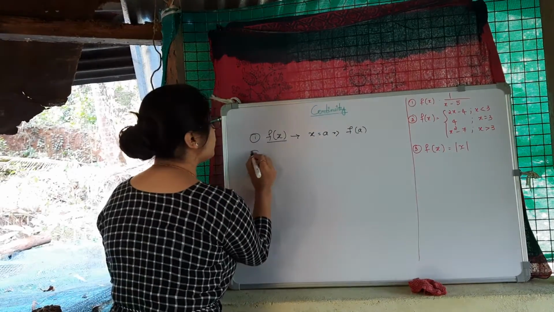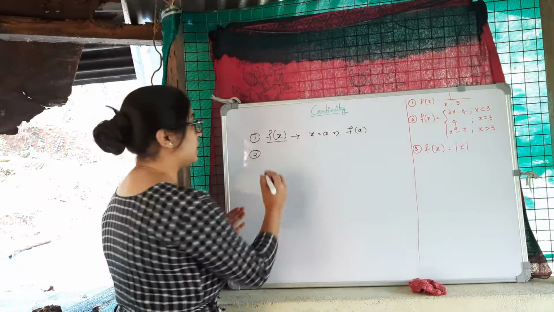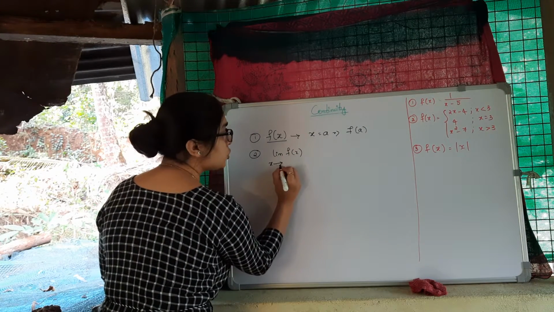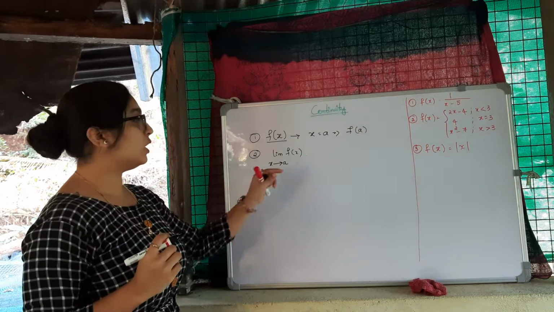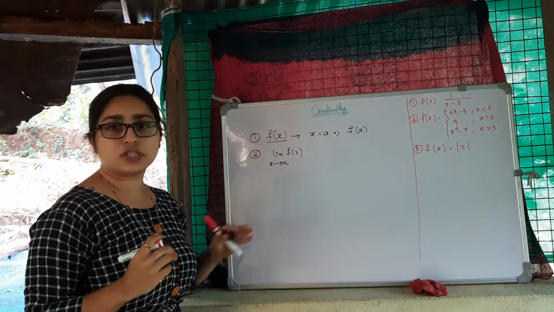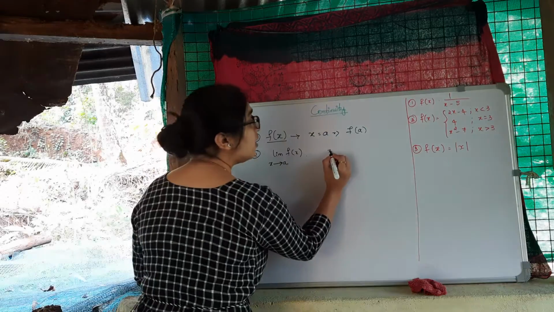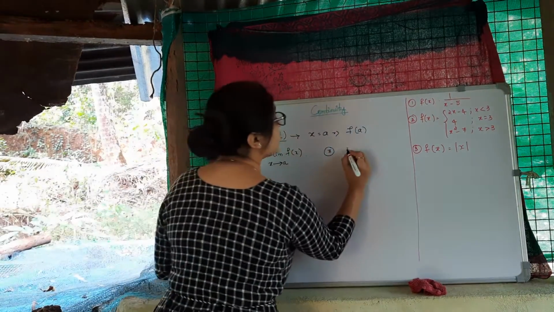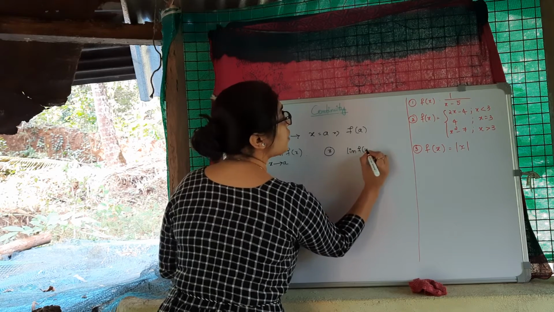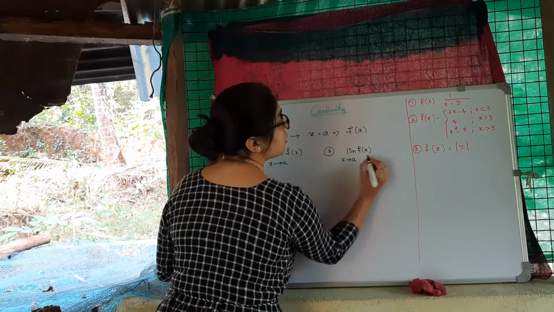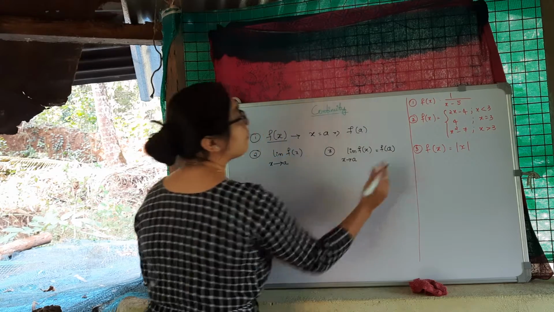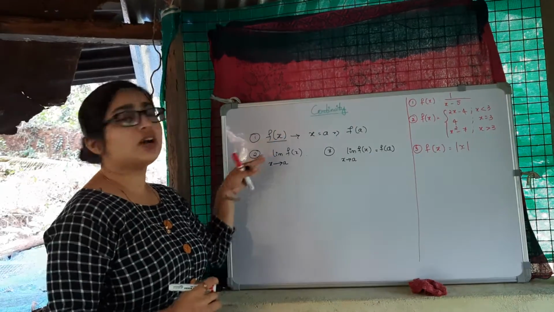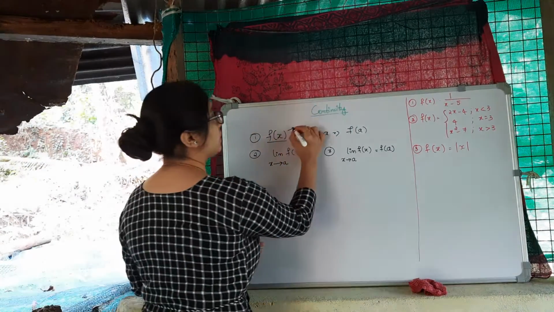The second condition is that the limit of f of x as x approaches a should exist. The third condition is that this limit should be equal to f of a. So if these three conditions are satisfied, then I can say the function f of x is continuous.